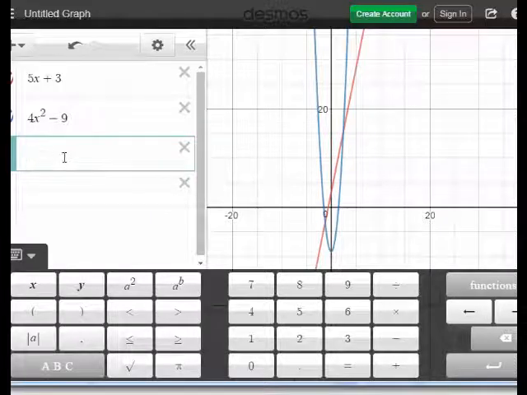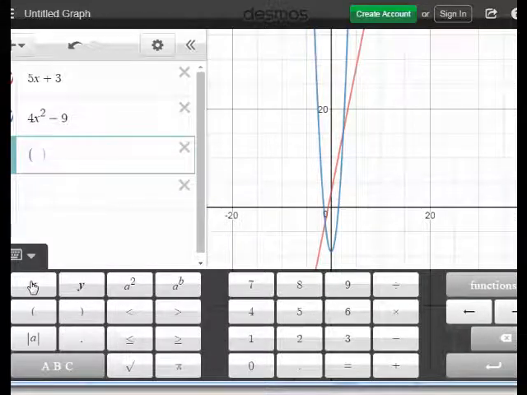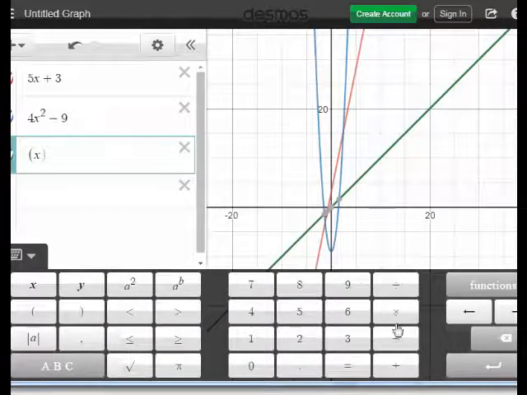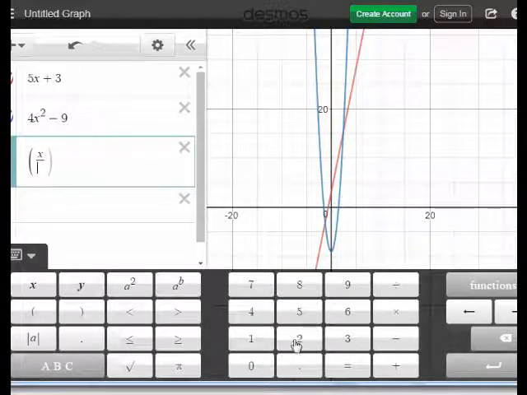And the next one we'll enter is the quantity x divided by 2 raised to the third power plus 1. For this one, we will need parentheses, and then we have x divided by 2.